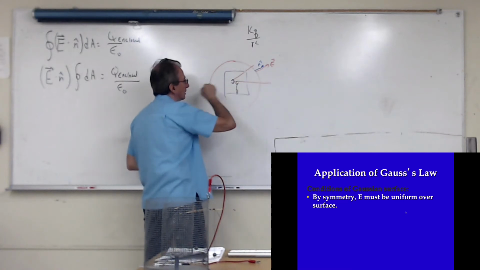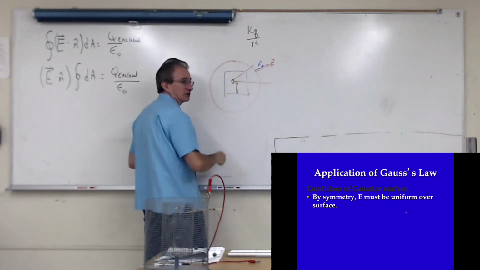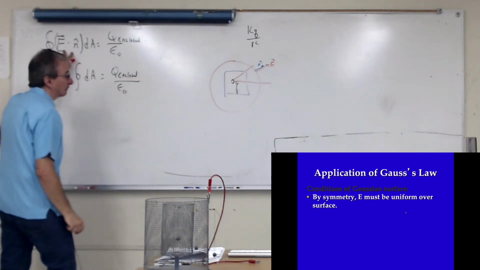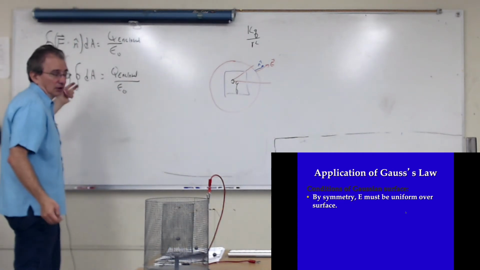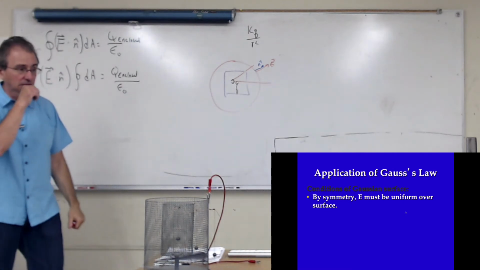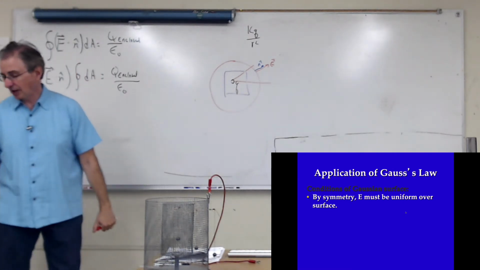They're different. So the electric field here is going to be different than the electric field here. And the direction is different. So this dot product will be different all the way around the box. I cannot pull this out of the integral, because it's not a constant. Choosing a box for that system is a really bad idea.